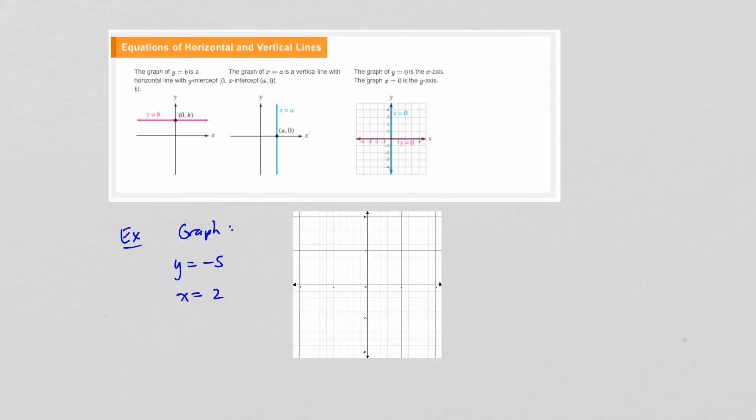So y equals negative 5 will be a line that looks like this. x equals positive 2 will be a vertical line, and it'll cross the x-axis at x equals 2, which is right here. And so the line x equals 2 will look like this.